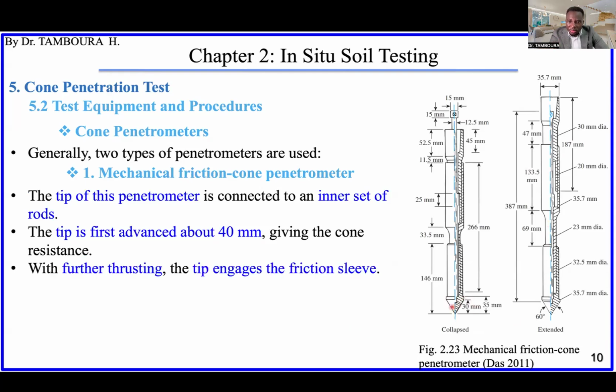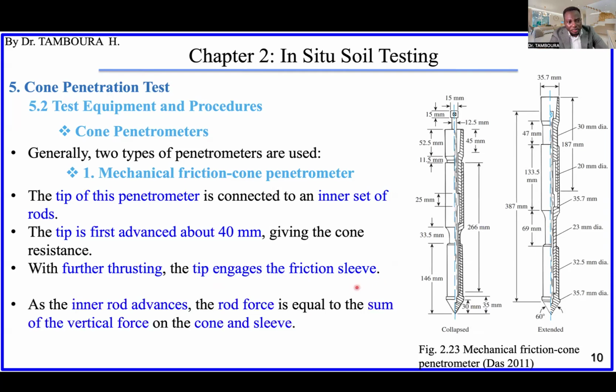Okay. And then after that, we push the cone, and the tip engages the friction sleeves. And as the inner rod advances, the rod force is equal to the sum of the friction force and the cone.